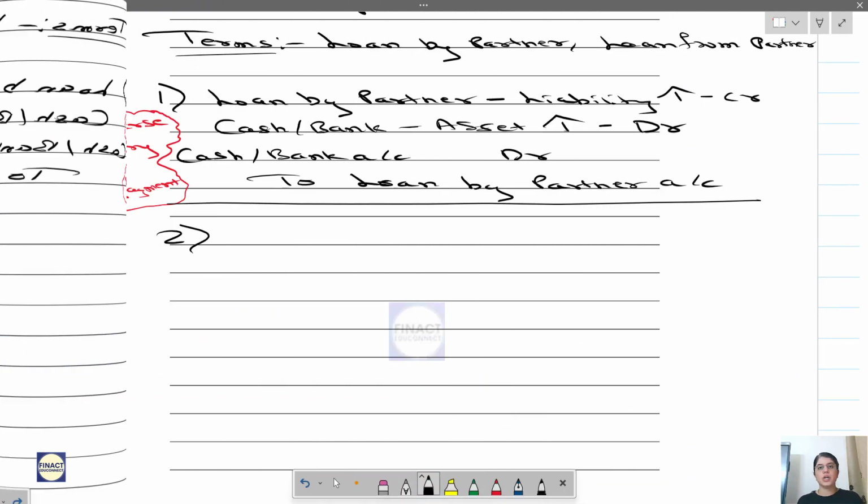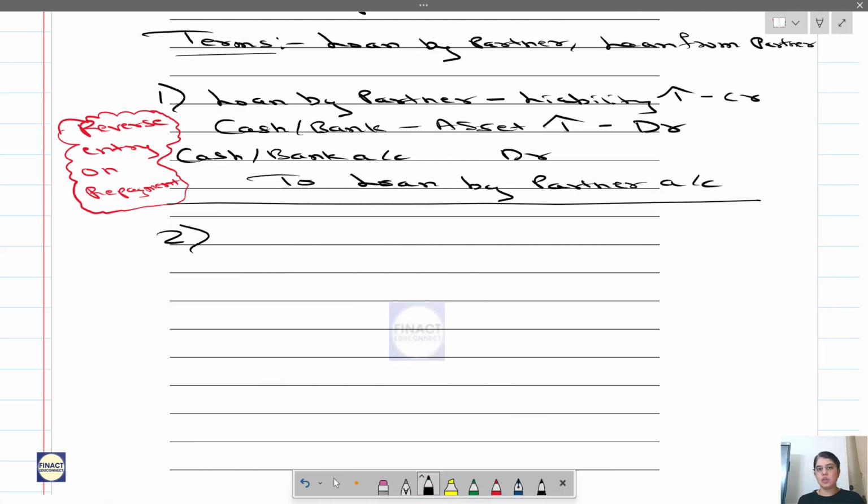Okay. So the second entry is interest on loan. If the interest on loan is paid, then what are the two accounts that are affected? Interest on loan by partner, and second, since it is paid, cash and bank account. Now interest on loan by partner is an expense, increasing, so debit.